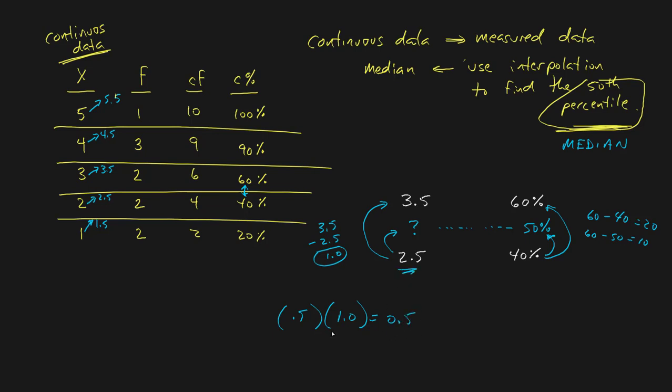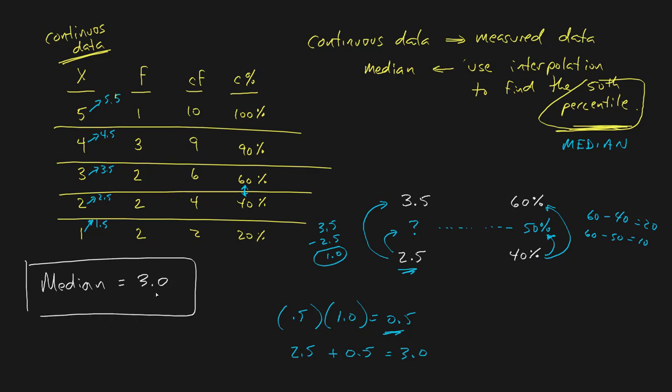I have to take my 2.5, start there, add the 0.5, and it gets me to 3.0. So my median is equal to 3.0.